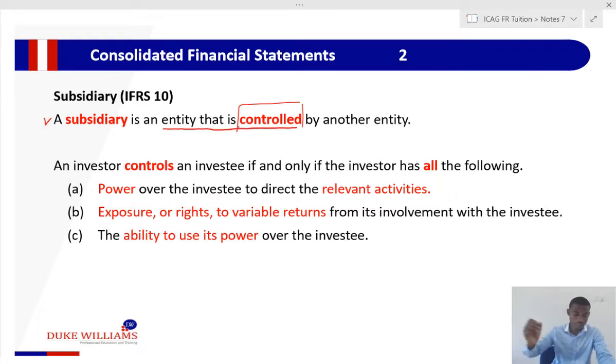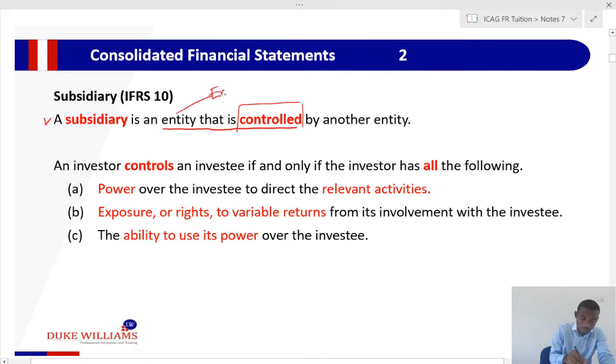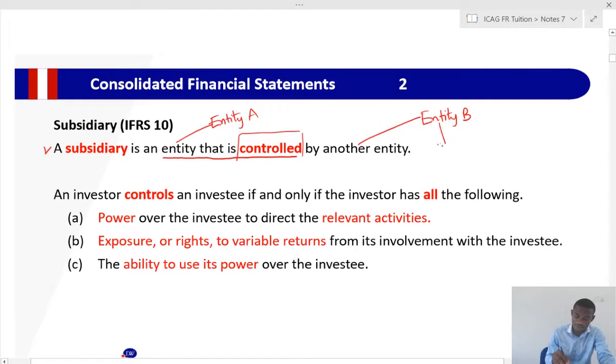Now, if we say an entity is being controlled, let's say we have entity A, and we have another entity B. So B is controlling A, or you would say that entity B controls entity A. How? It's because entity B has what we call controlling interest.